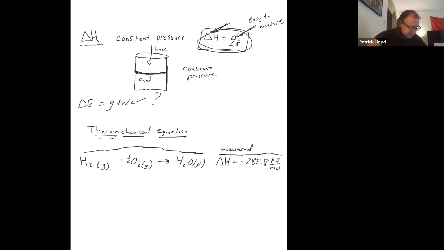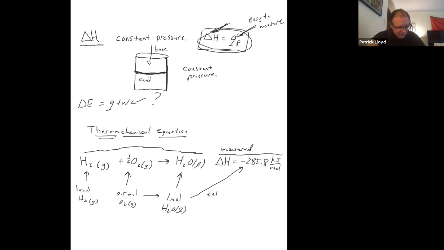What this tells us is that if we have 1 mole of H2 gas and a half, 0.5, moles of O2 gas, and they react to give us 1 mole of liquid water, this tells us how much energy is released.